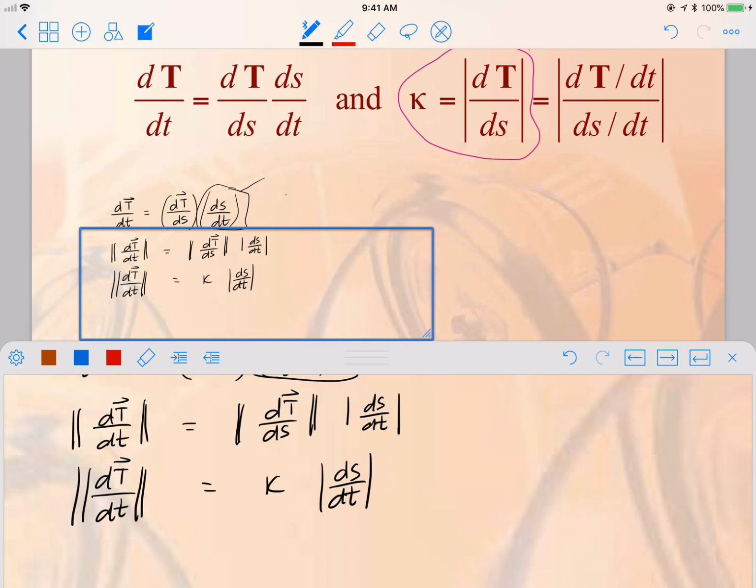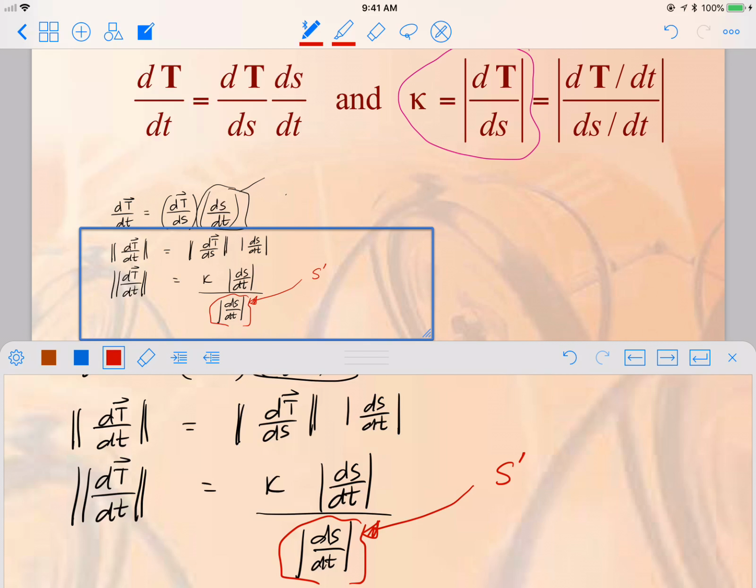Okay, so kappa, just divide both sides by ds/dt. That's why we need s prime to not be equal to 0. That's why we need our function to be smooth. Because what is s prime? Do you remember, s prime is the magnitude of r prime of t. So we need that to not be equal to 0.